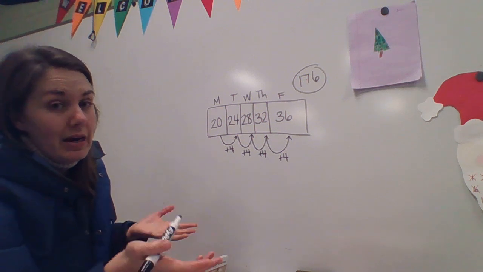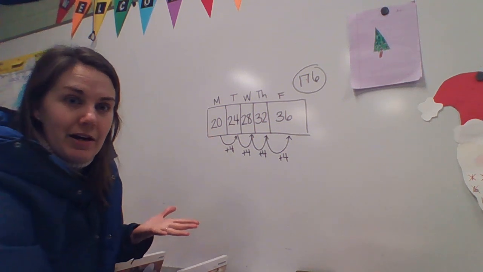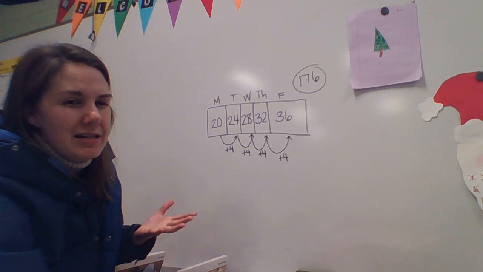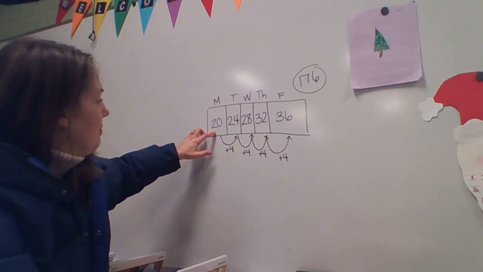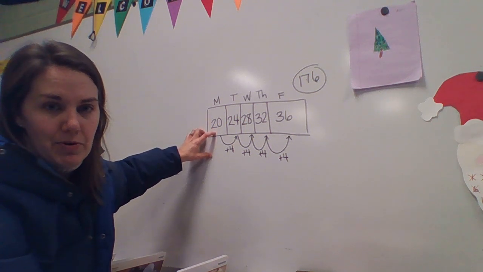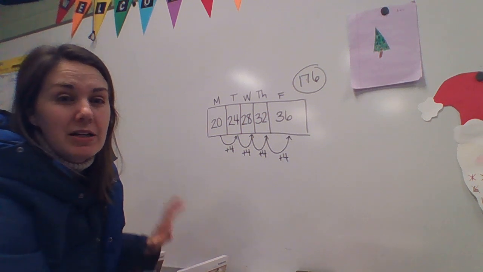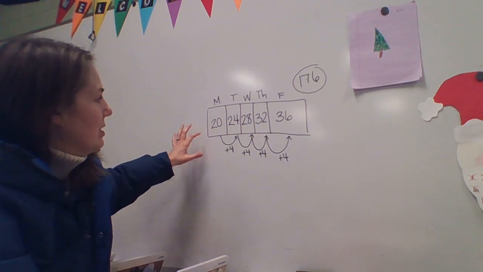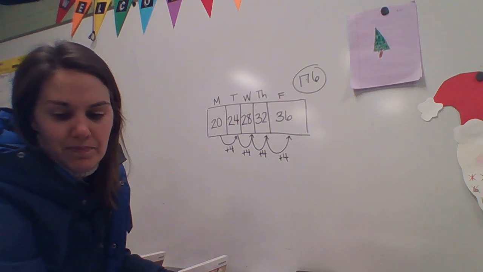Now, that isn't necessarily important information, except that it's just kind of fun to notice. But it's not necessarily going to help us find the answer to the problem, because it's not telling us that we're multiplying by 4 each time, but it is telling us that we're adding 4 each time. Just kind of a fun relationship to notice, that relationship between multiplication and addition.